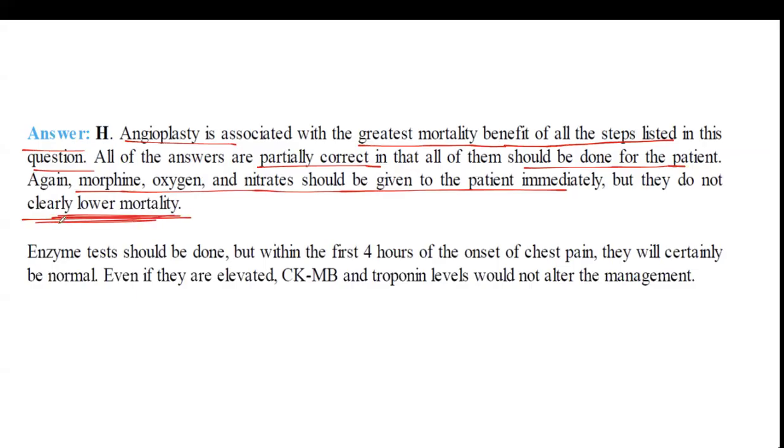Okay? In a ST elevated MI, the first and foremost thing, now this is for your exam, we choose the most important thing as part of mortality benefit. Okay? And yes, oxygen only if the saturation is less than 92.